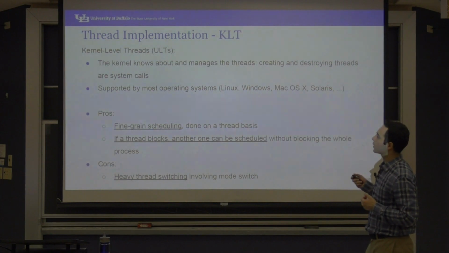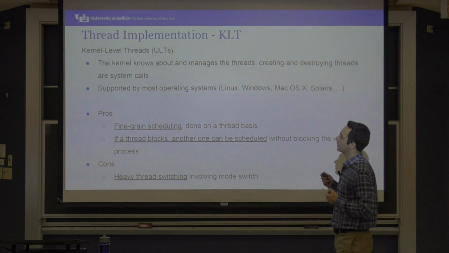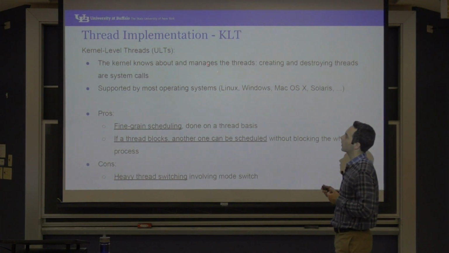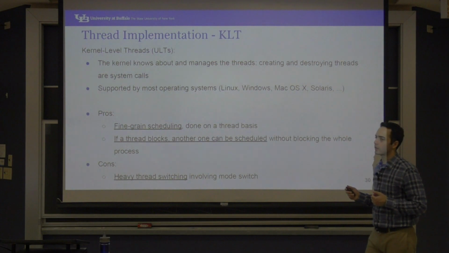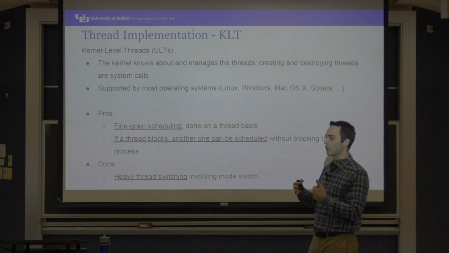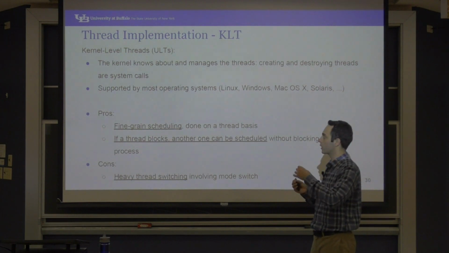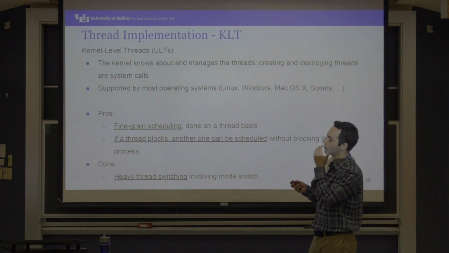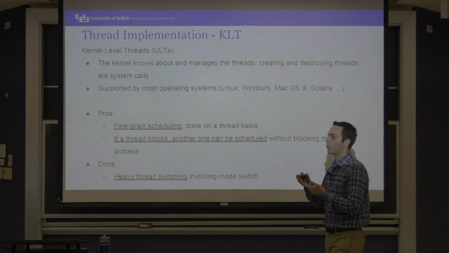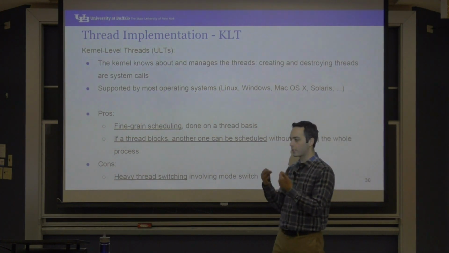Now in a kernel level thread, it's different. This is the case in most operating systems, where the kernel knows about and manages the threads by itself. So each thread is a kernel thread, meaning the operating system manages them.